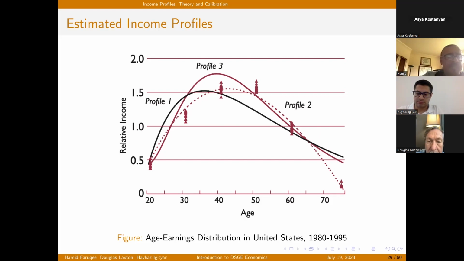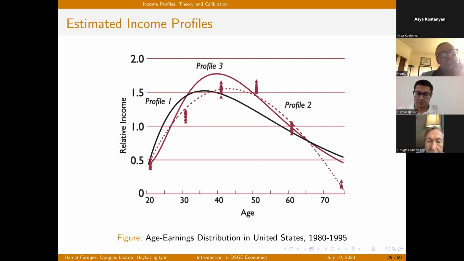As you get older, you earn more. You go above 1 in terms of 40-year-olds and 50-year-olds earning more than the average income per capita. And then as you get older and people work less, you have this kind of gradual retirement feature that I talked about. 60-year-olds and 70-year-olds earn well below the average income per capita. Certainly by the time you're 75, you earn well below the average income per capita because you've effectively are out of the workforce at that age.